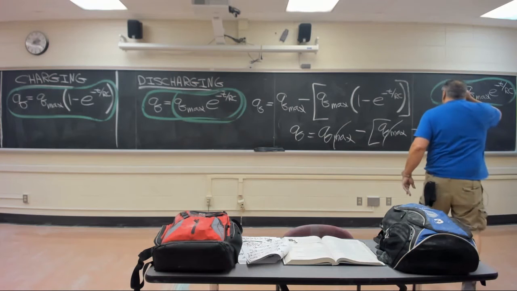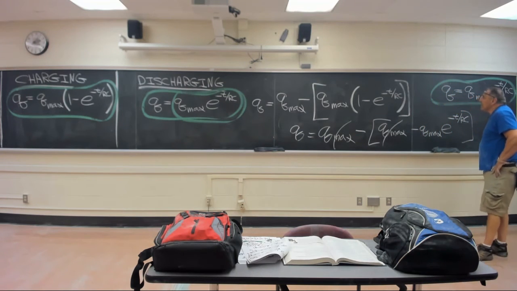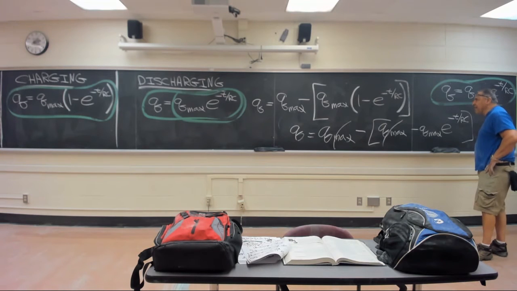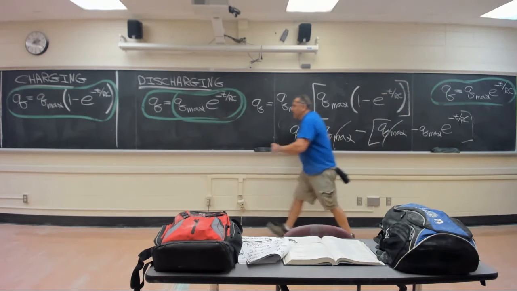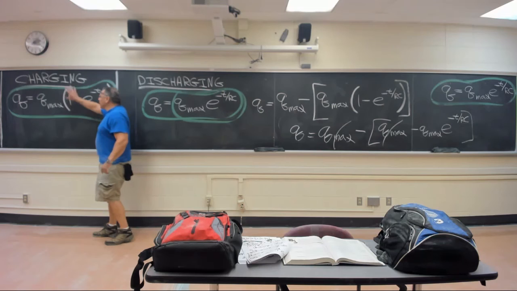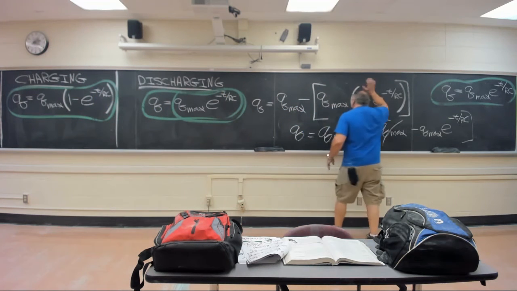So what you have is this is the rate at which it's leaving. This right here is the rate at which it's going onto the capacitor. This is the rate at which it is leaving the capacitor.